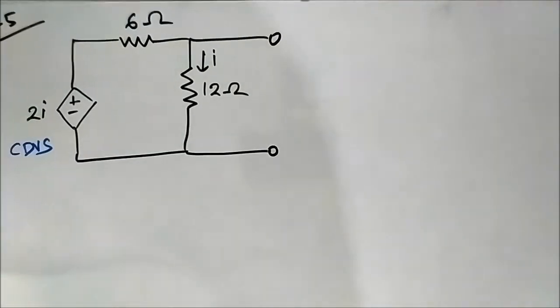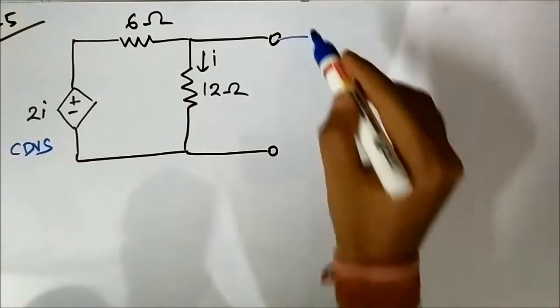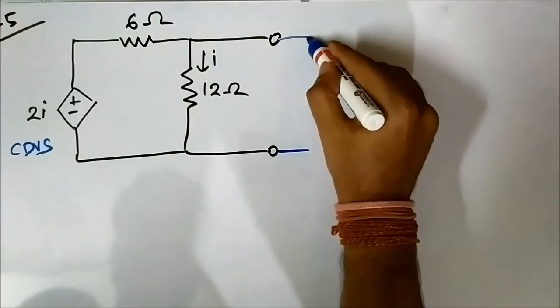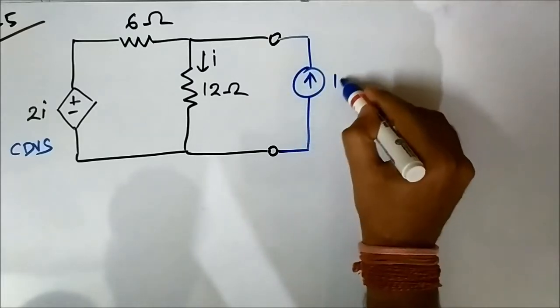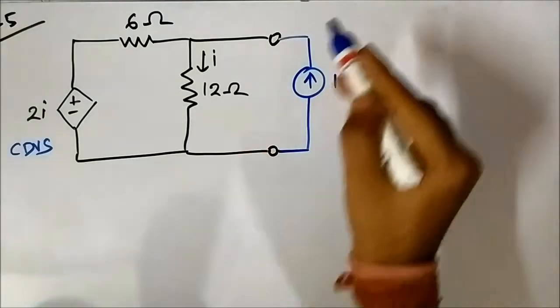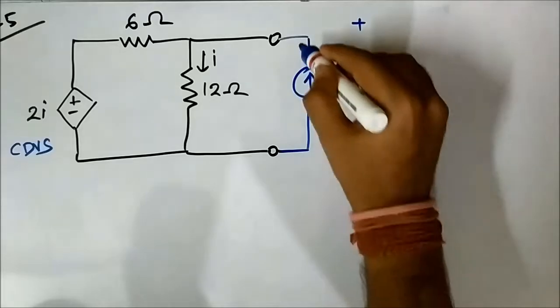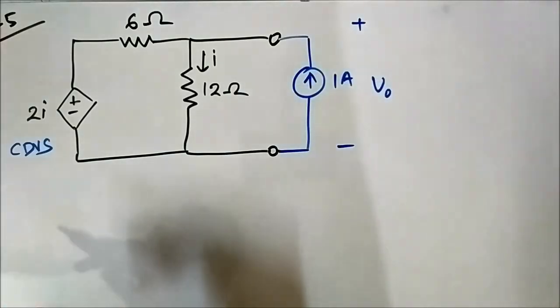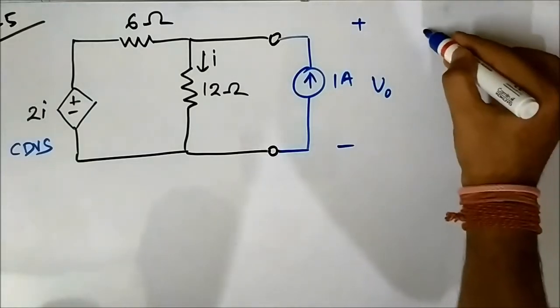So RTH we can calculate by exciting the circuit by connecting either a 1 volt voltage source or a 1 ampere current source. So let us connect a 1 ampere current source here and apply nodal analysis to find the terminal voltage across the 1 ampere independent current source, the exciting source.